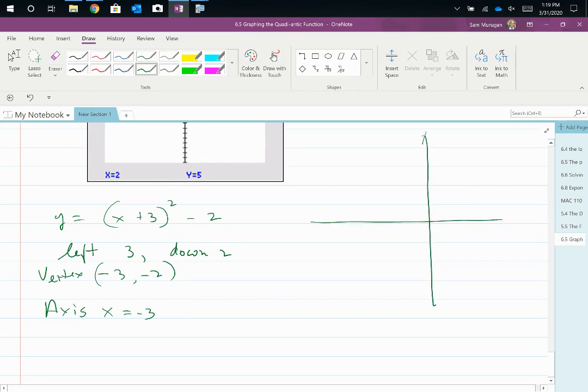Visually, what's happening to this graph is it shifted left 3 places to -3 and then down 2 places, like that. So that vertex is at (-3, -2). Okay, left 3 and then down 2. So the graph would go that way.